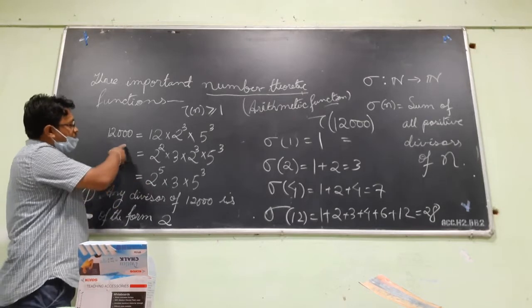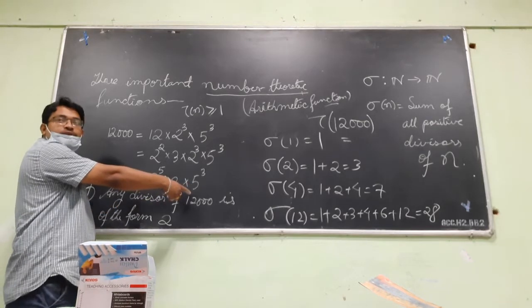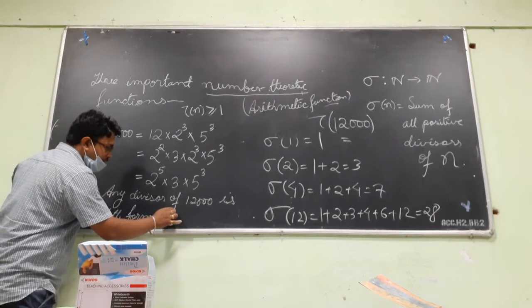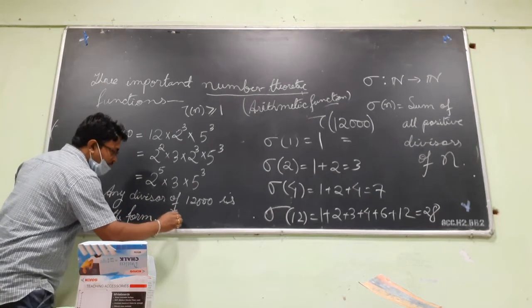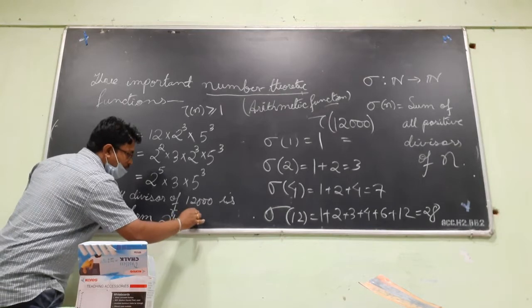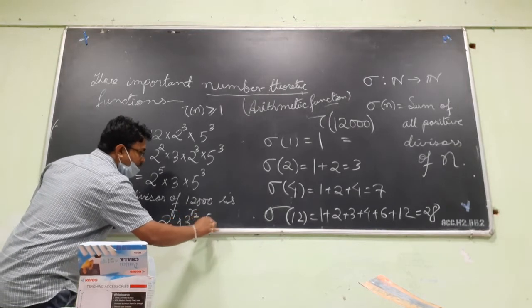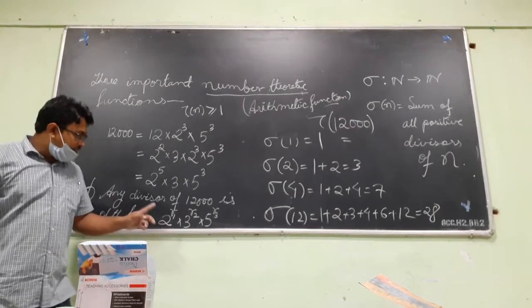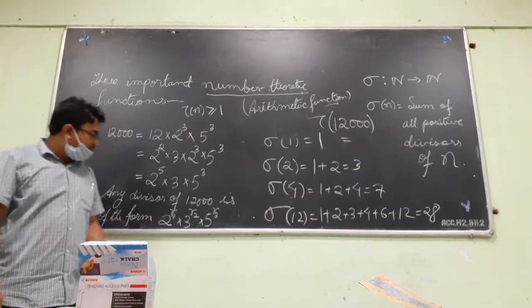What are the prime factors of 12,000? 2, 3, 5. Any divisor of 12,000 will be of the form 2 to the power R1 into 3 to the power R2 into 5 to the power R3. What are the restrictions on R1, R2, R3?